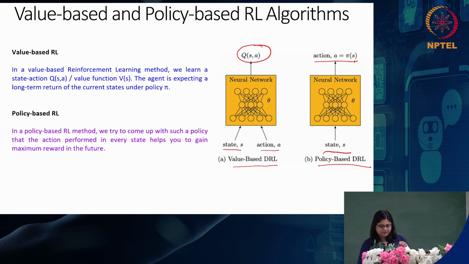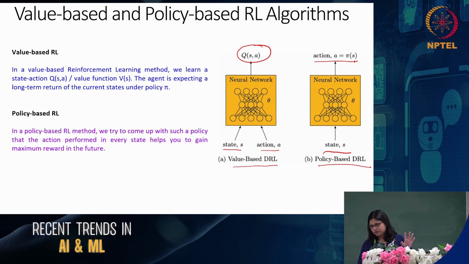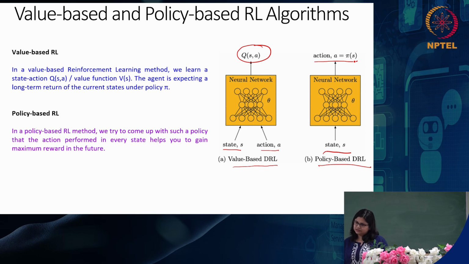But in the case of value-based, there is a concept of Q and V. So in value-based, for each state, all the actions are checked to find the best action. We are also quantifying the goodness of the state, like we have the value function for each state.